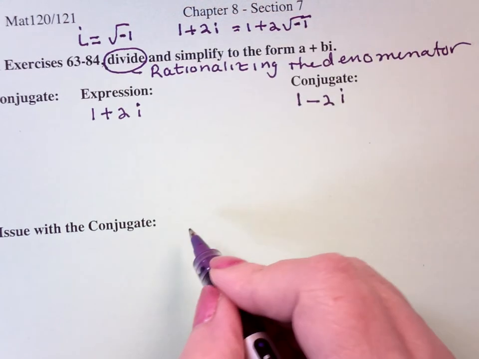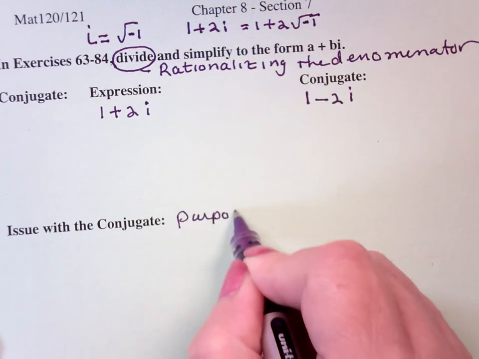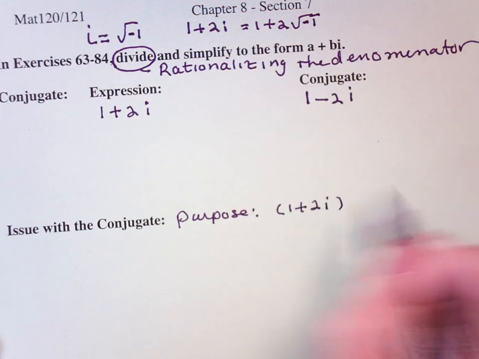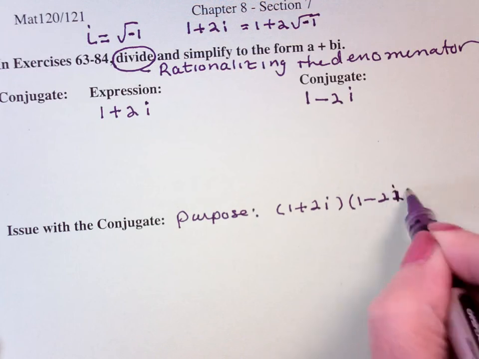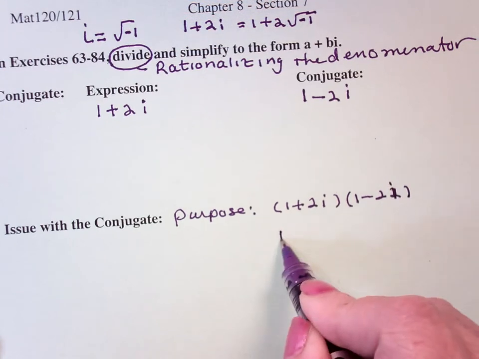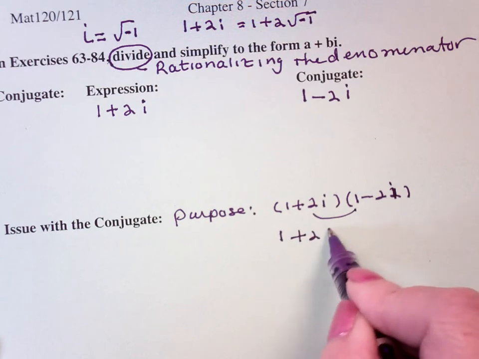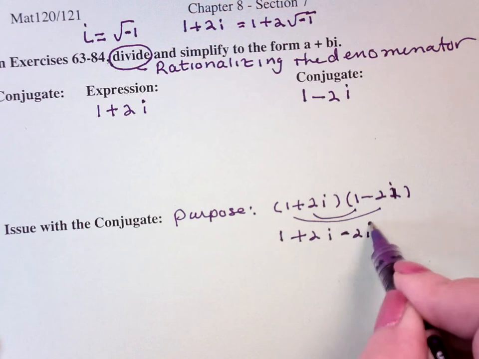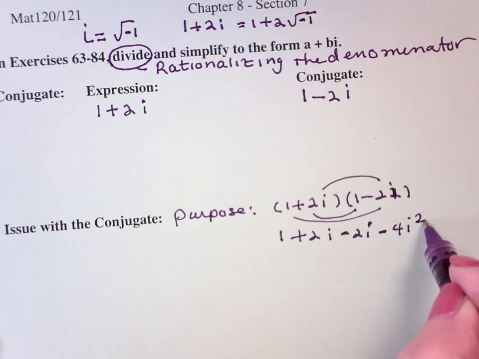The purpose being that when I take 1 plus 2i and multiply it times 1 minus 2i, I have 1 times 1 is 1, the inner is plus 2i, the outer is minus 2i, and the last is minus 4i squared.